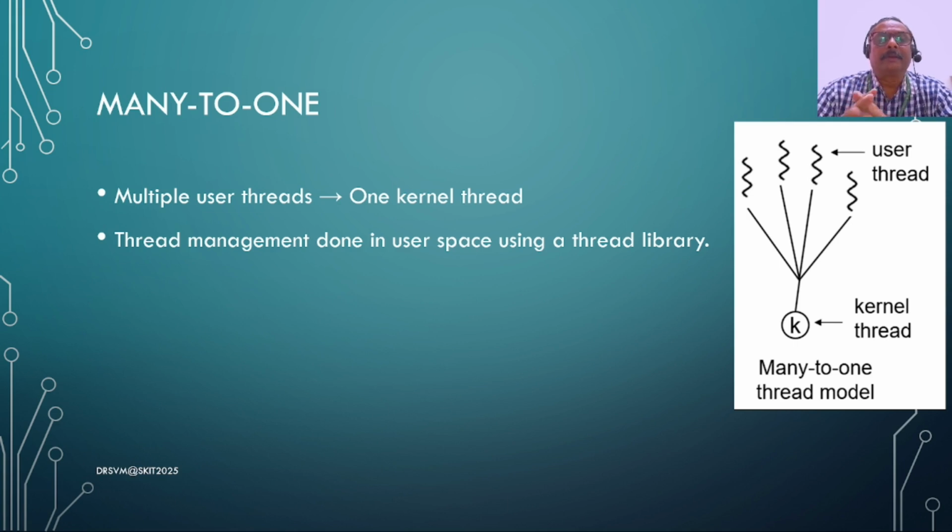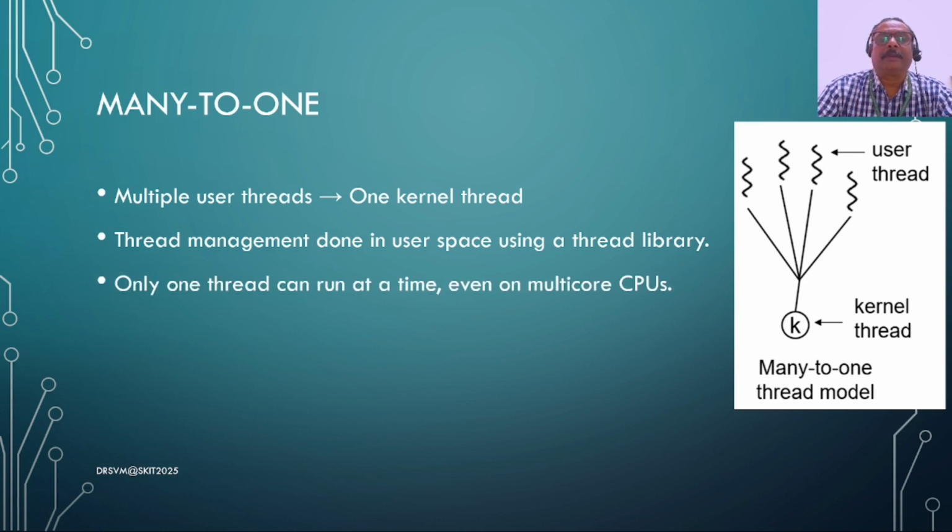Therefore all this thread management, which of the user threads is to be connected to the available kernel thread, all this management is done at the user level only, and for that we make use of a thread library.